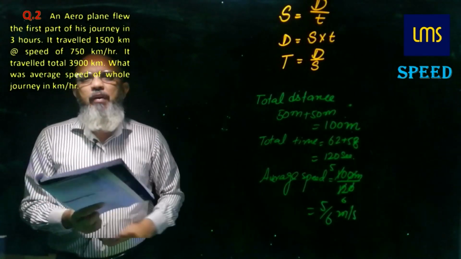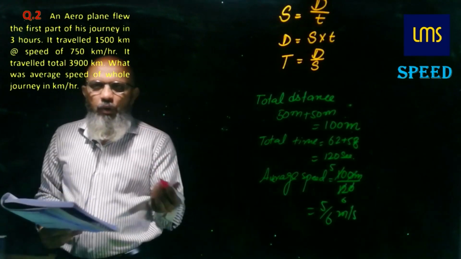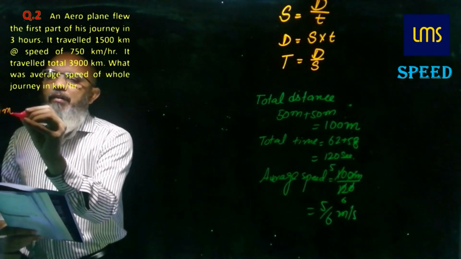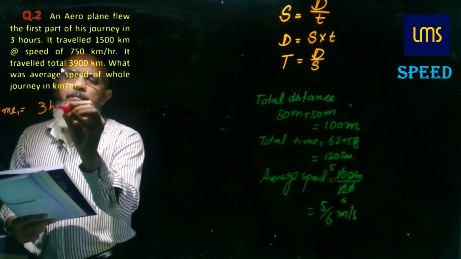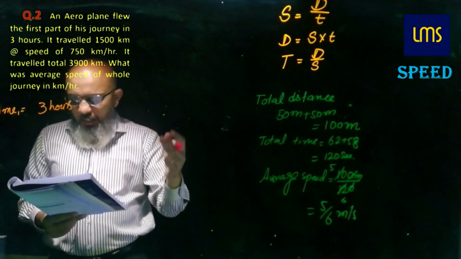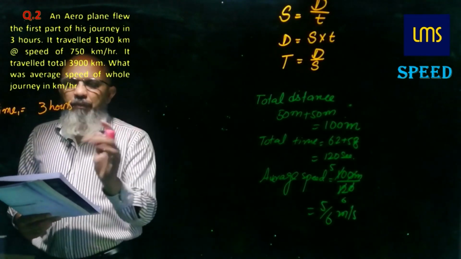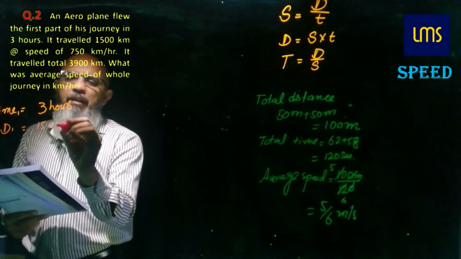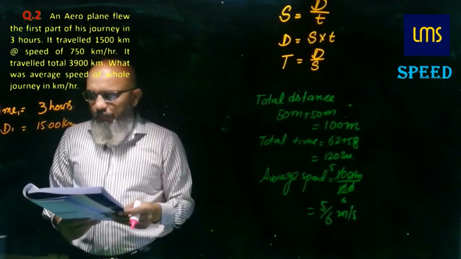So first we will write the data that is given to you. Suppose T1 is your first time. I write T1 or time 1 is equal to 3 hours, right? And it traveled the remaining 1500 kilometers, which is a specific distance. We write it D1, that is 1500 kilometers, right? What will be the next?